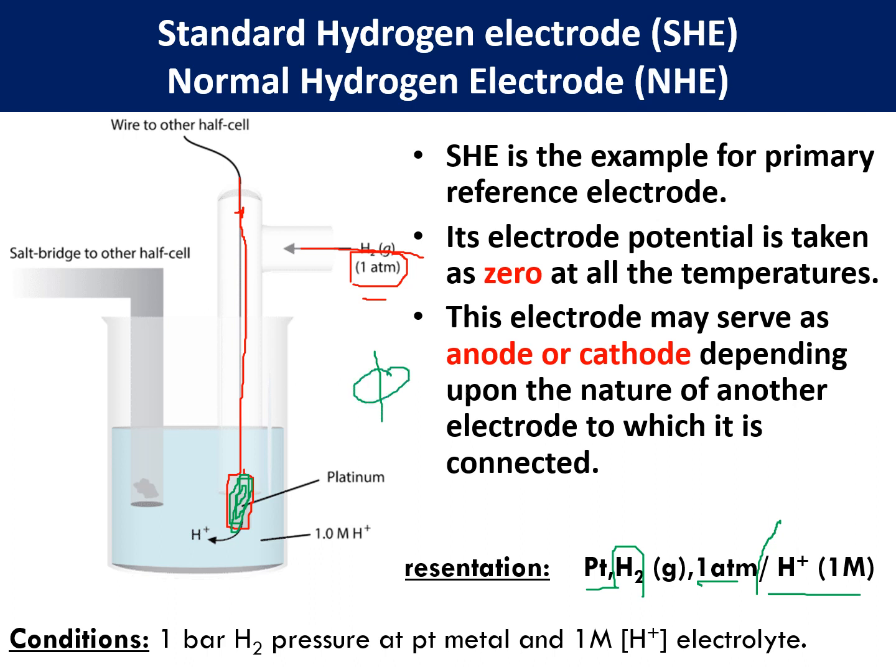We are passing it at 1 atmosphere pressure and it is totally dipped into 1 molar hydronium ions. So this is the representation of the standard hydrogen electrode. Here the conditions are important. You should always be aware of 1 bar pressure or 1 atmosphere hydrogen pressure and also 1 molar hydronium ion concentration in the electrolyte. Those are important.